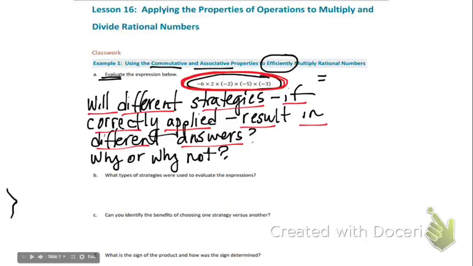Could there be different answers in a perfect world? And why or why not? Just consider that, and we'll get back to that later. Go ahead and solve or evaluate this expression, and come on back and try it different ways if you fancy.